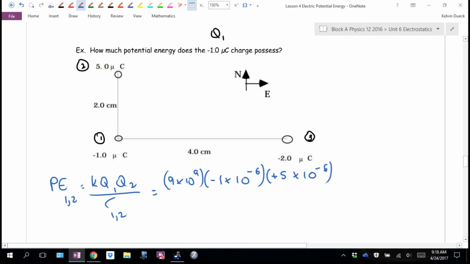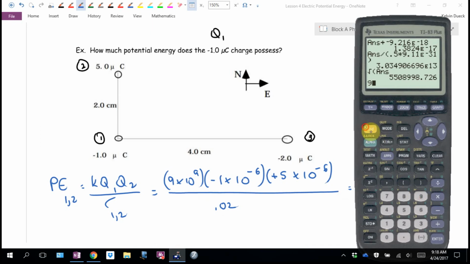In your work, don't. I'm putting the positives in just to let you know when you're studying in your notes. We did put positives and negatives in. Divided by 0.02. 9 times 10 to the 9th, negative 1 microcoulomb, positive 5 microcoulomb, divided by 0.02. Do you get negative 2.25 joules? Anybody else? Yep.